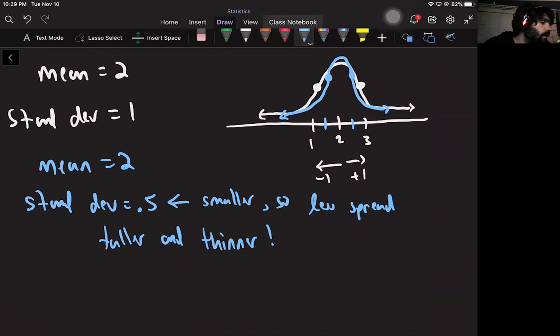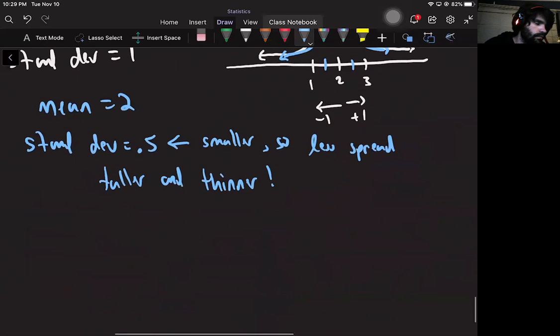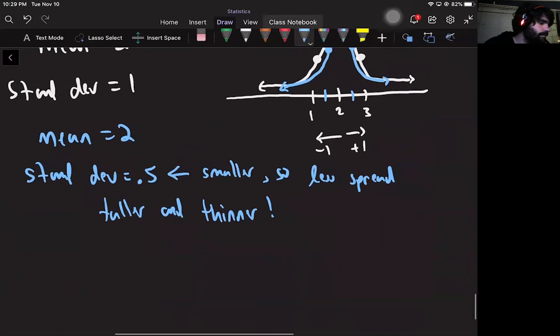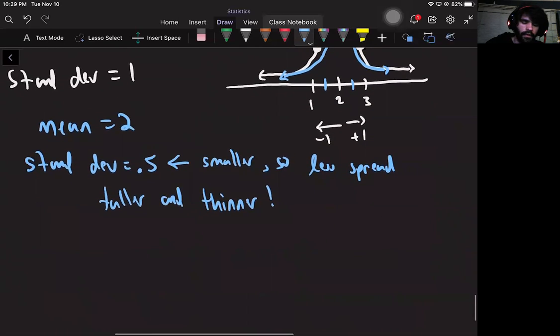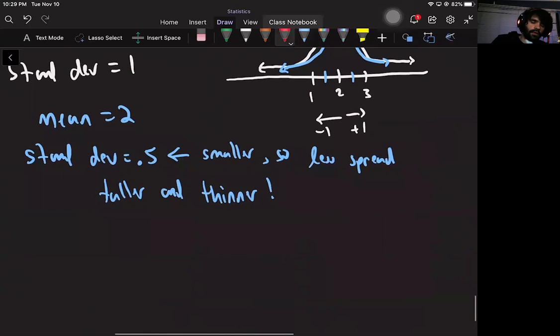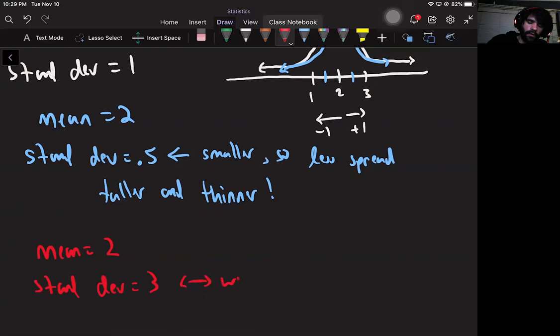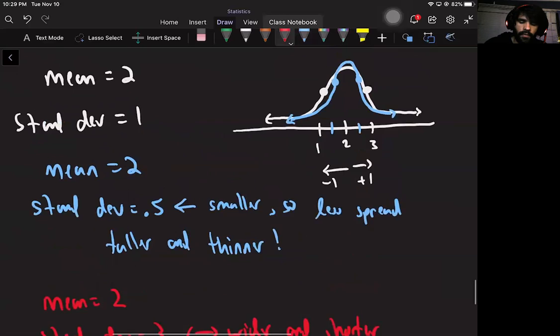So then vice versa, I guess I should say. If I made the standard deviation larger, I could make it be 3, something much bigger, then this is going to be wider and shorter because it's more spread out.